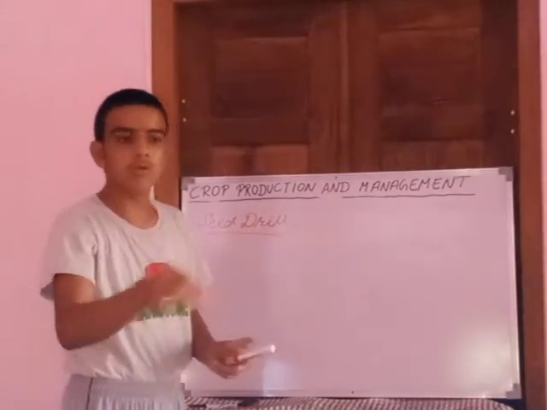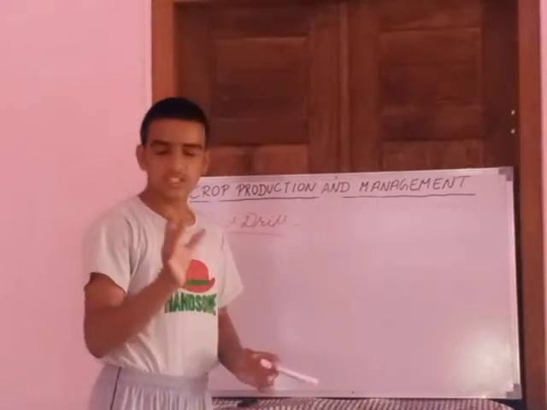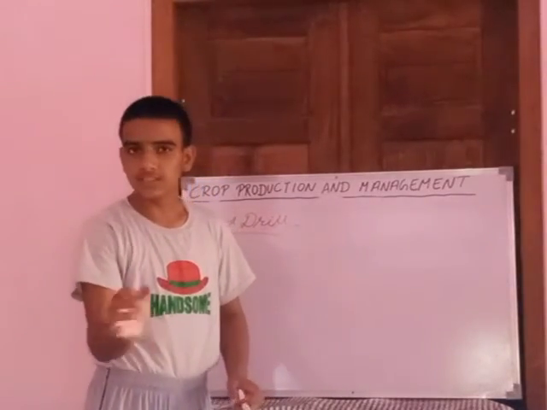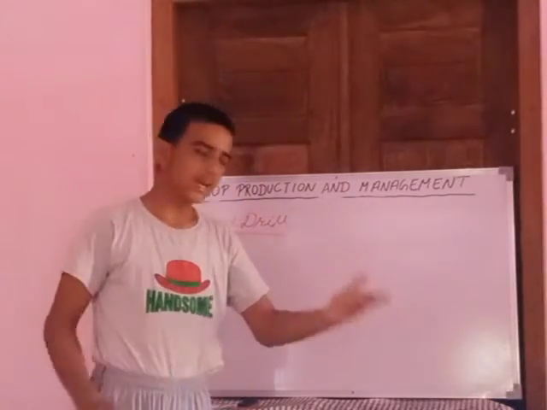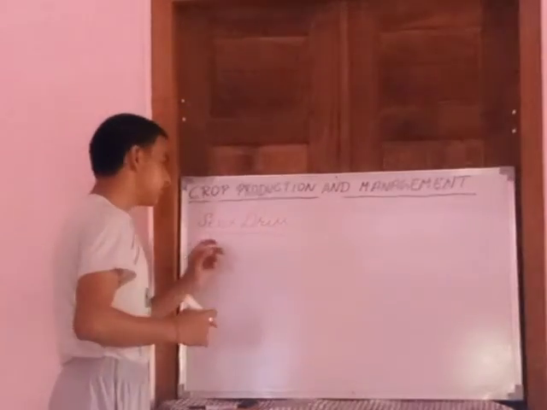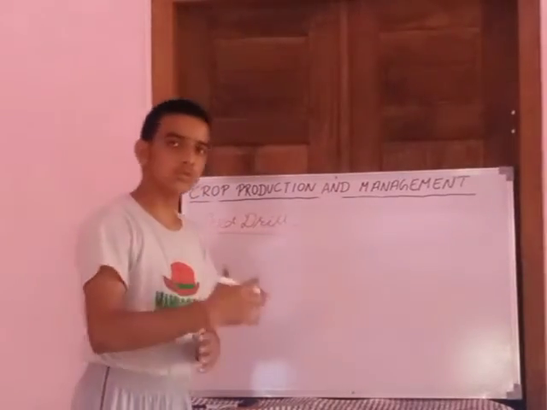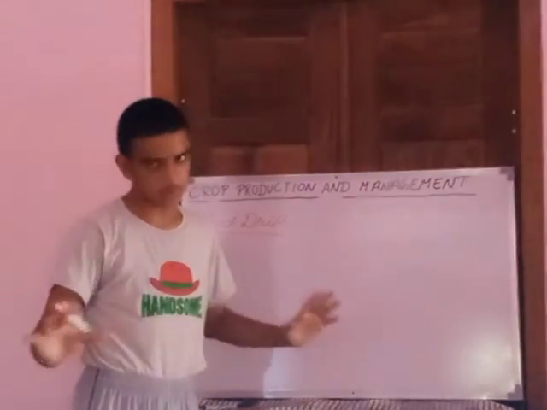It puts the seed uniformly at equal distance and at equal depth, and it ensures that the seed is covered by soil so that it is protected from birds that might take it away from the field. Nowadays only the seed drill method is mainly used.